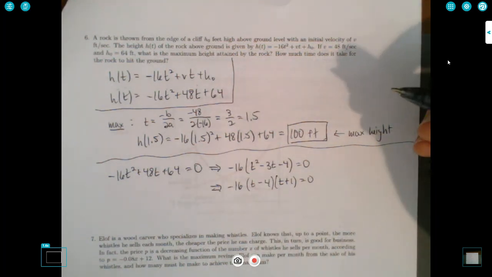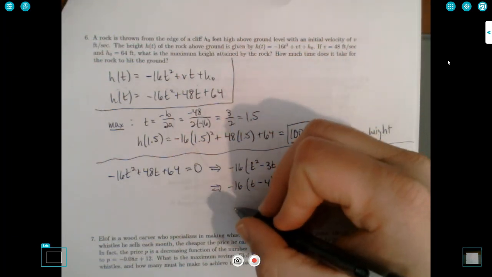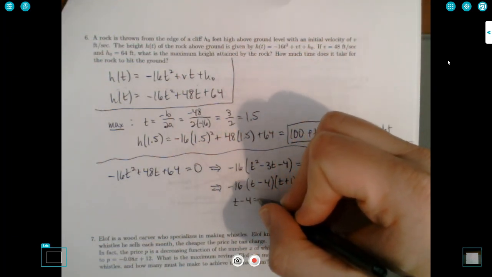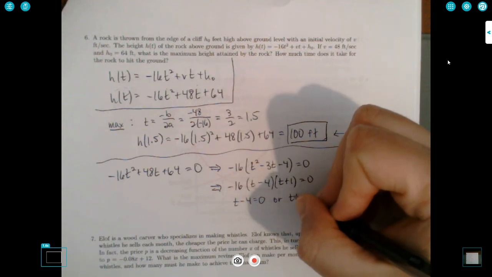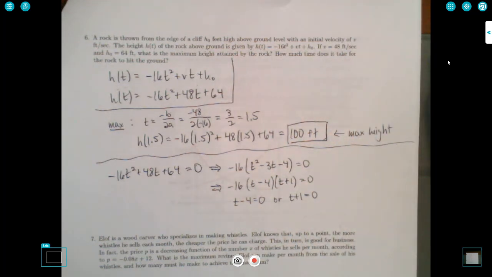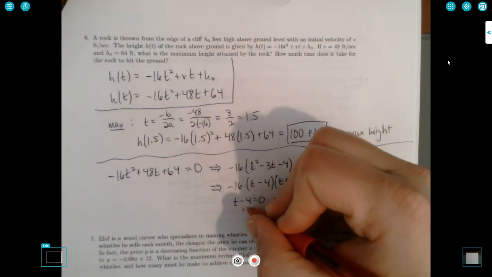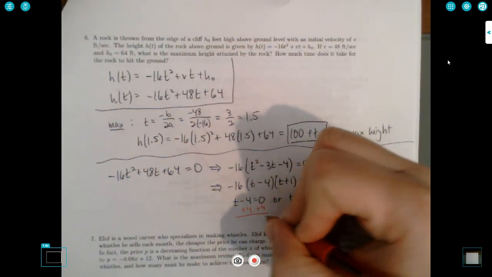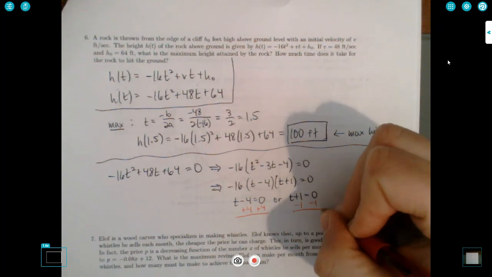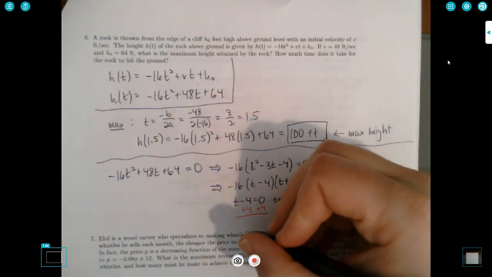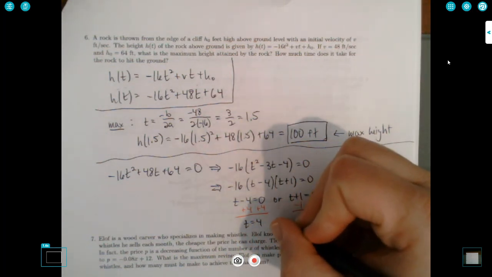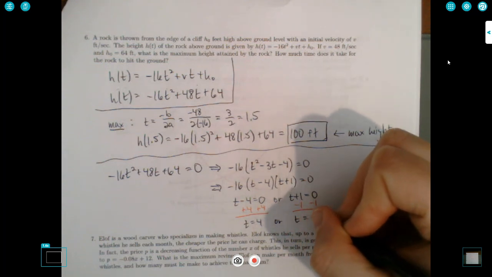But anyway, now you would set each of these equal to 0 and say t minus 4 equals 0, or t plus 1 equals 0, and then solve for t. So in this case, add 4, and in this case, subtract 1. And you'd get t equals 4, or t equals negative 1.